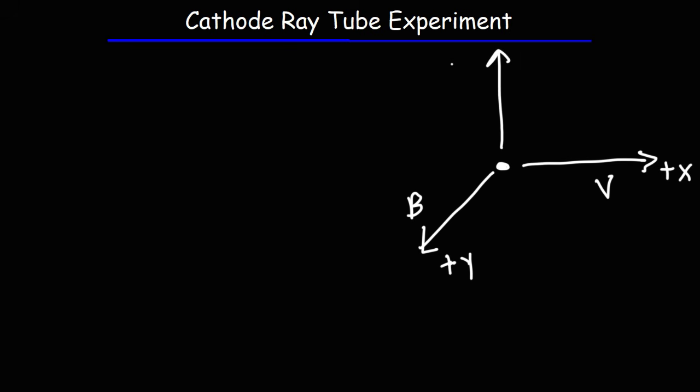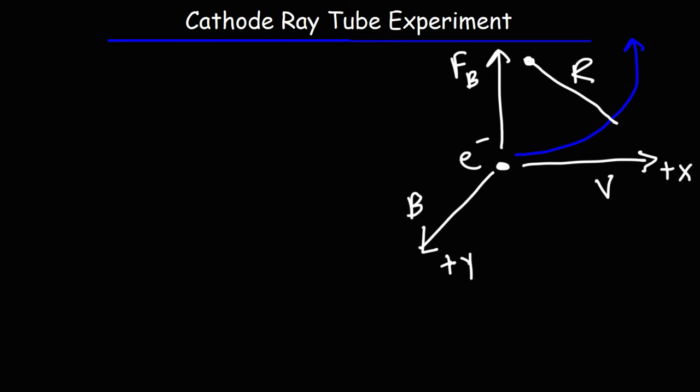And the magnetic force acting on the electron, let's put F sub B to indicate magnetic force, that is in the positive z direction. And so the electron is going to turn in the direction of the force. And then we can calculate the radius of curvature.